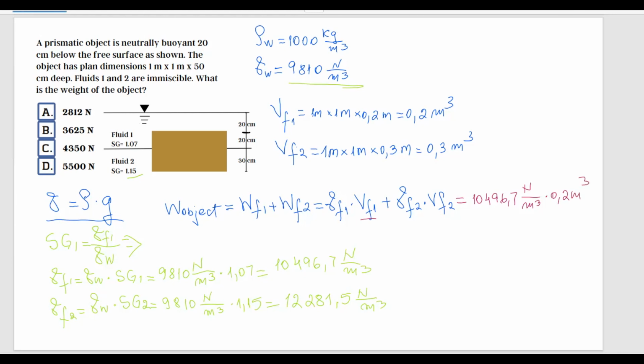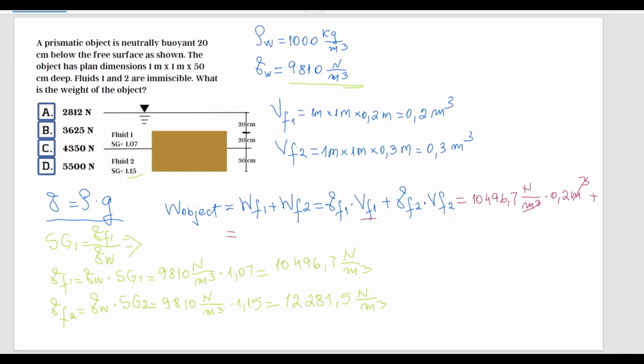And you can notice here how meters cubed with meters cubed go away, and we are going to have our answer in newtons, which is what we want. Sometimes it's helpful to follow the units and check to see if you are working correctly.